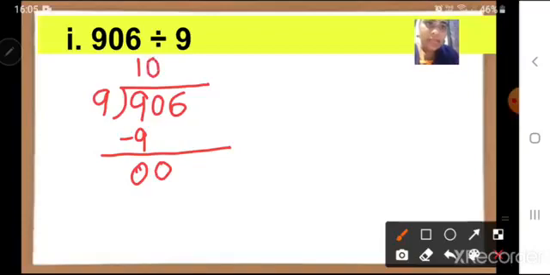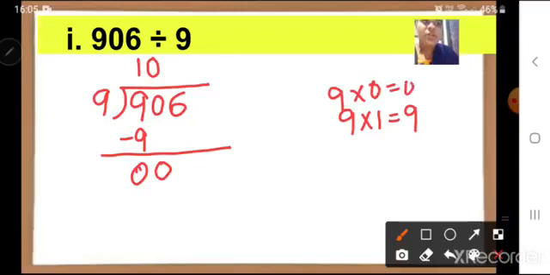Why are we writing 0 here, children? Because 9 ones are 9 and 9 zeros are 0. So we are putting 0. 9 zeros are 0. This also you have to divide.